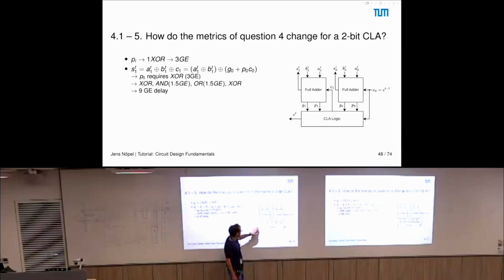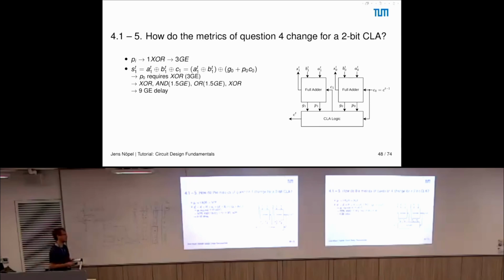But also the carry out is dependent on the inputs here and also on C0. So now the question is, maybe this path here might be longer than the path here, right? So that's the next question. Any ideas of what would be the first thing to do?